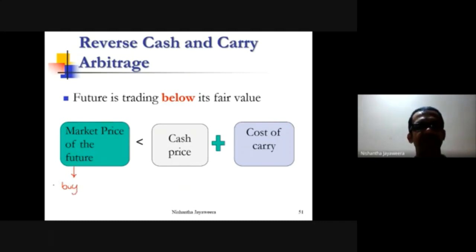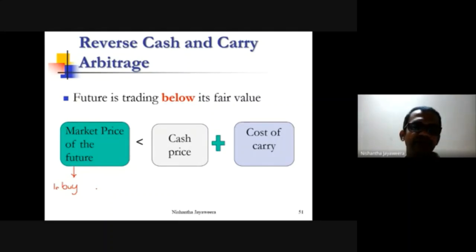Now, what's the obligation that you would get when you buy a futures contract? You have to buy the asset. You will receive the asset on the expiry of the transaction.